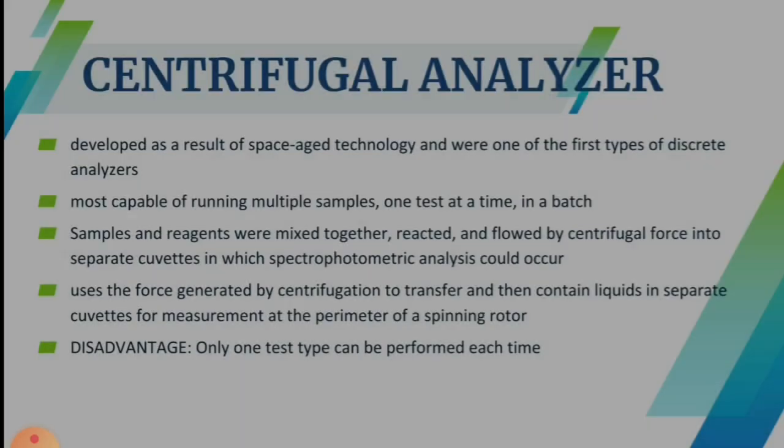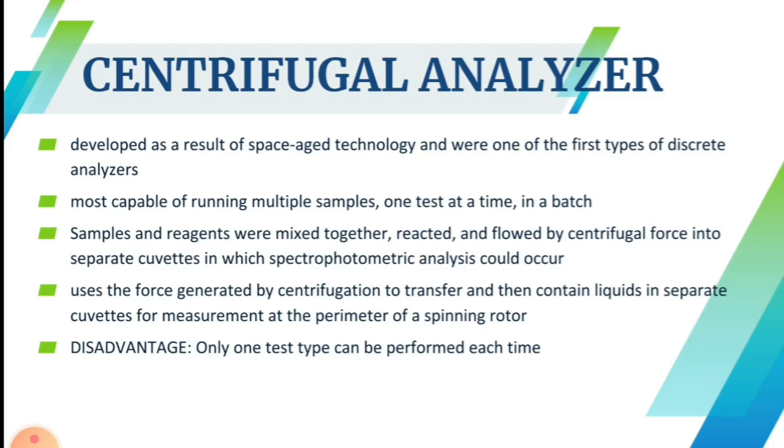The next one is the centrifugal analyzer. Centrifugal analysis uses the force generated by centrifugation to transfer and then contain liquids in a separate cuvette for measurement at the perimeter of a spinning rotor. Centrifugal analyzers are most capable of running multiple samples but one test at a time in a batch.